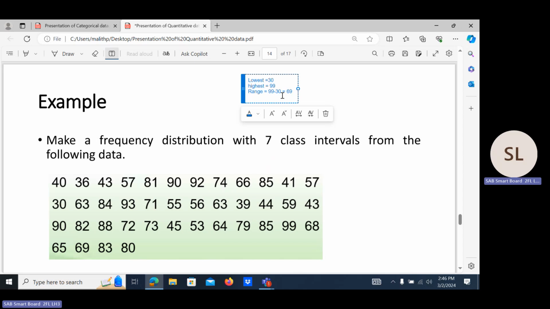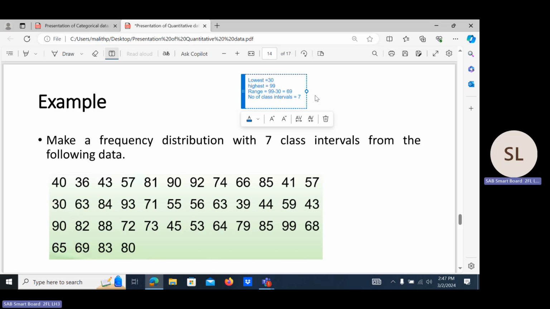Okay, then what is the next step? Assuming the number of class intervals. In here, this question says make a frequency distribution with 7 class intervals. Then what is the number of class intervals in here? 7.